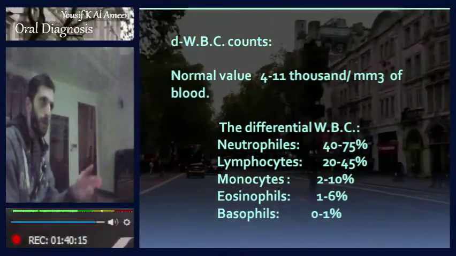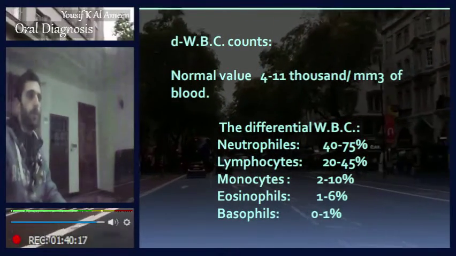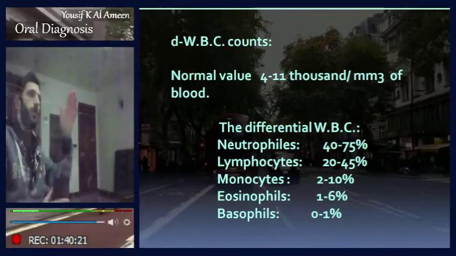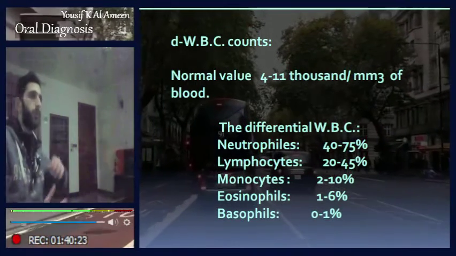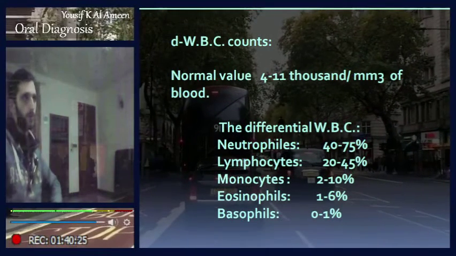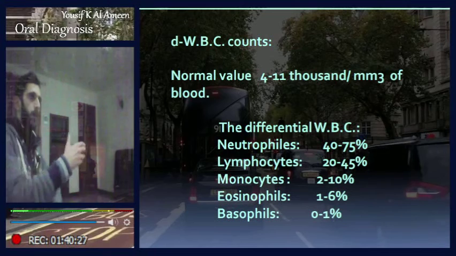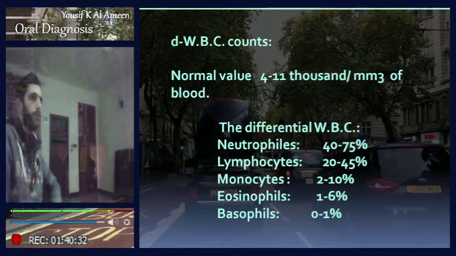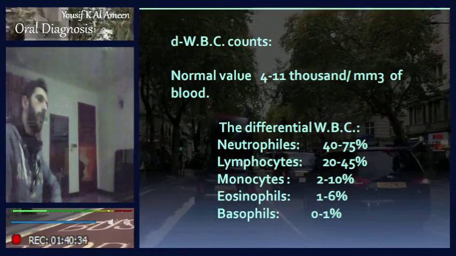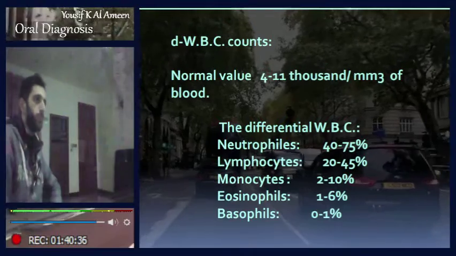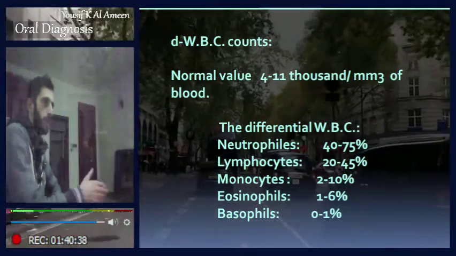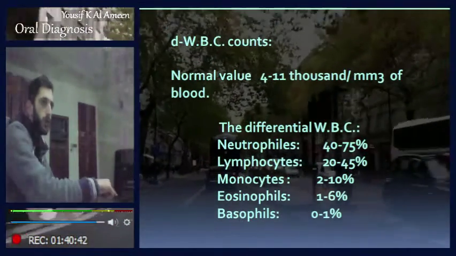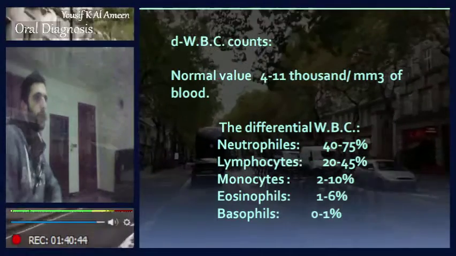Now let's talk about the WBC count. Normal value is from 4 to 11,000. Neutrophils 40%, lymphocytes 20, then monocytes 2, eosinophils 1, basophils also 1.